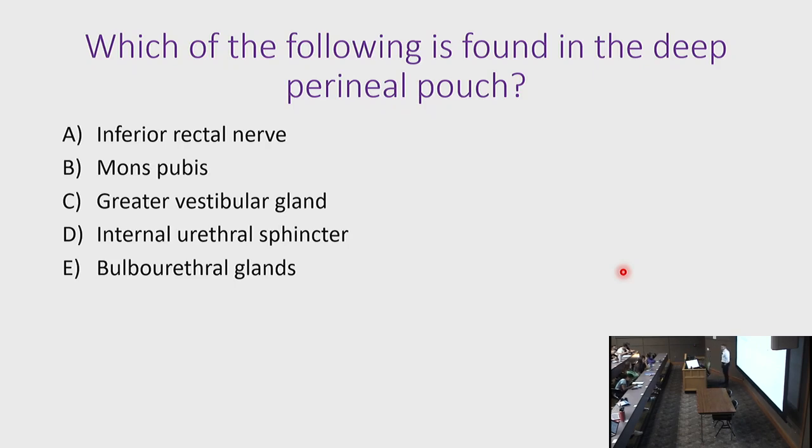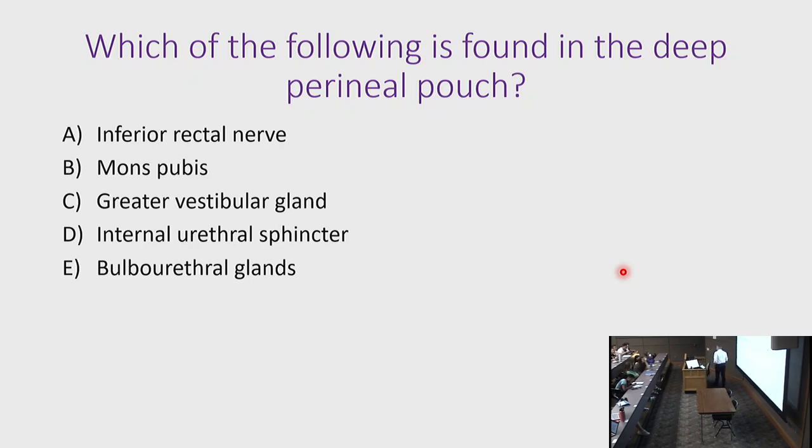So I'll give you 30 seconds and we'll go through this one. All right, so that was a quick 30 seconds. I realized that I got to pick up the pace a little bit.